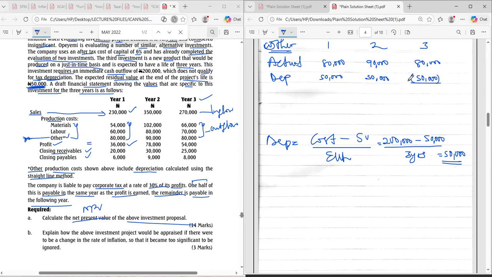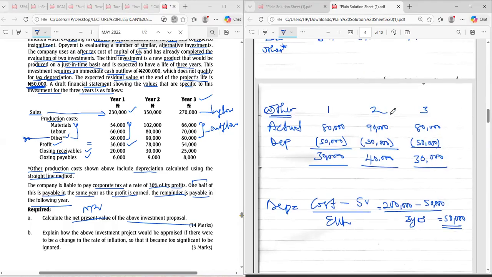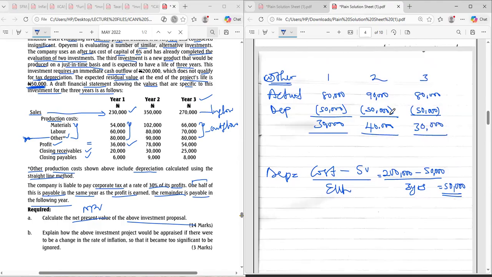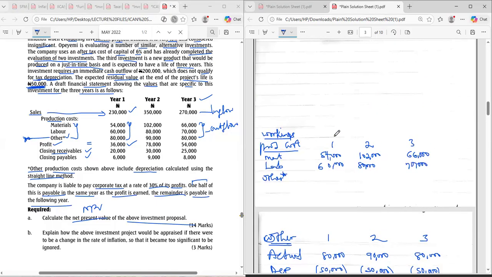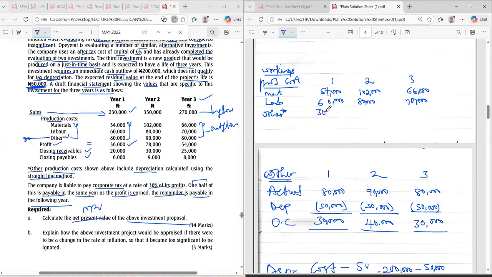So take it out. This is 30. This is 40. So are we good? Are we good to this space? So it therefore means that our order cost is now 30, 40, 30, I mean. So take it there. 30, 40, and 30.